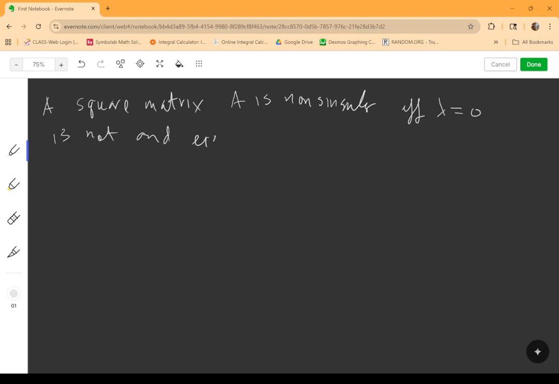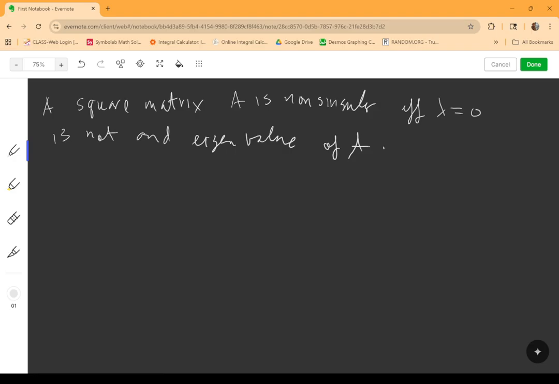So we can state that a square matrix is non-singular if and only if, so again, an equivalence relation, a square matrix A is non-singular if and only if lambda equals 0 is not an eigenvalue of A. All right, and we can think of the contrapositive.